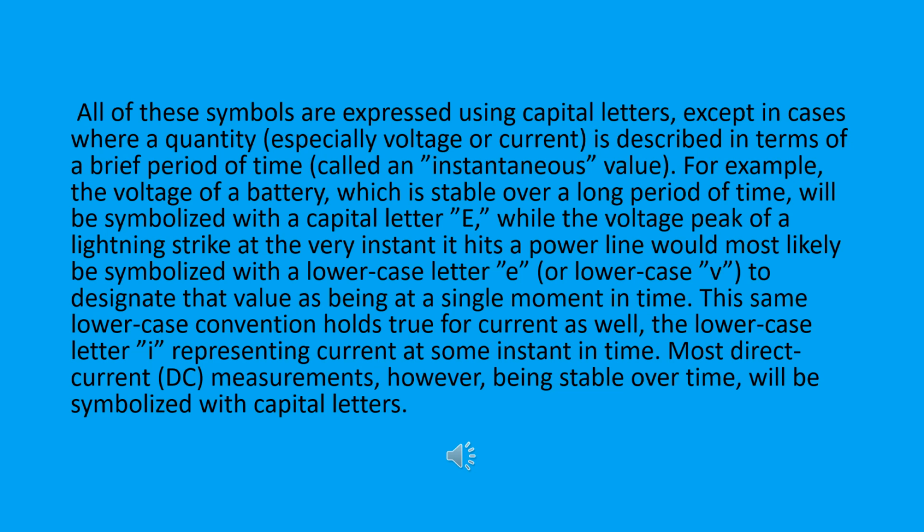This same lowercase convention holds true for current as well, the lowercase letter i representing current at some instant in time. Most direct current, DC, measurements, however, being stable over time, will be symbolized with capital letters.